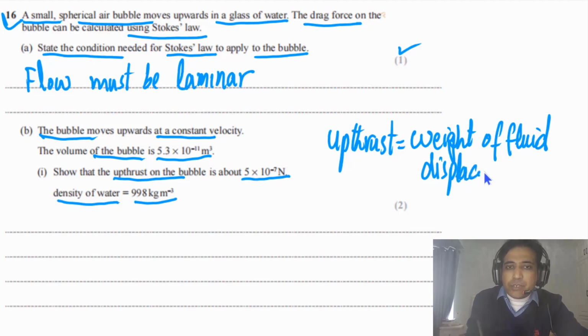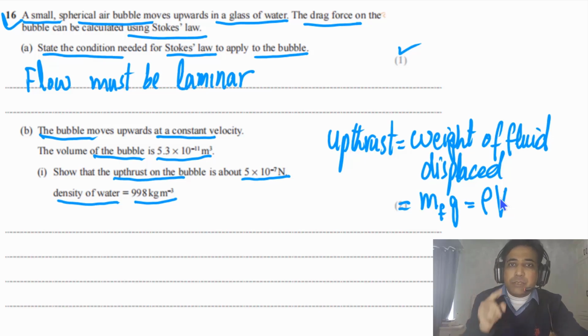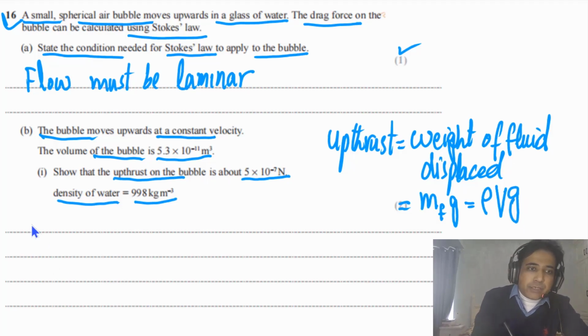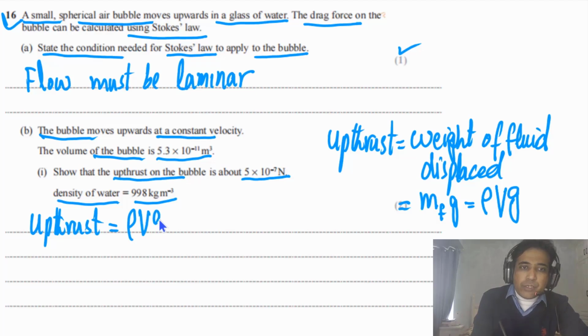Weight of fluid displaced is mass of the fluid displaced times g, and mass is density times volume of fluid displaced, which in this case is the volume of the bubble. So upthrust is equal to rho V g.